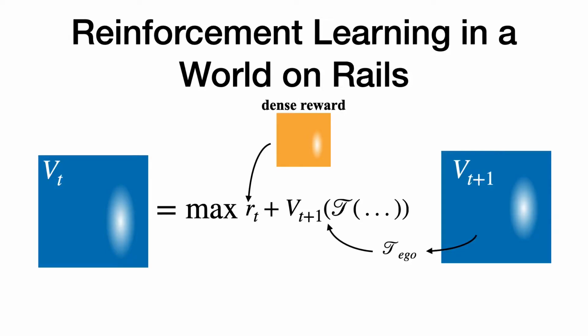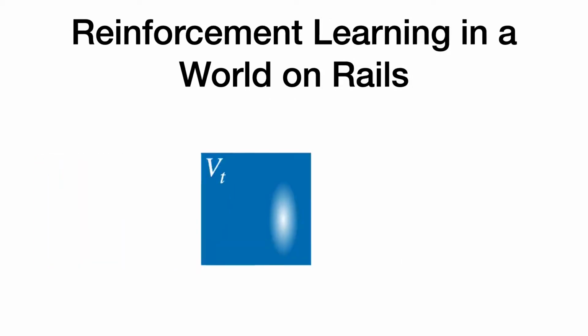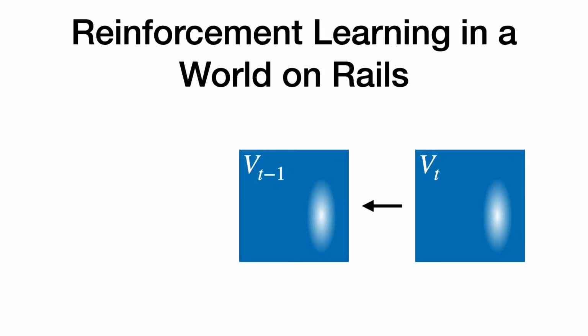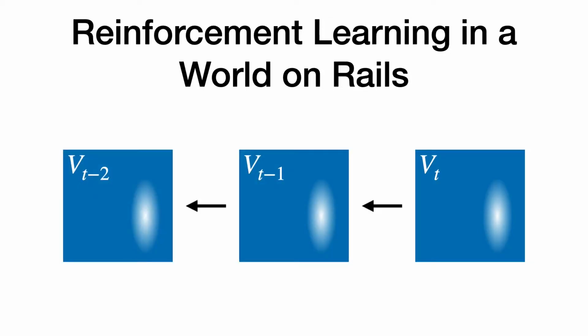This recursively defines the value at time t as a function of the value of time t plus 1. Given the value at time t plus 1 in tabular form, we simply enumerate all possible states at time t and evaluate this equation. We then walk backwards through time until all states have a dense annotation of their value.